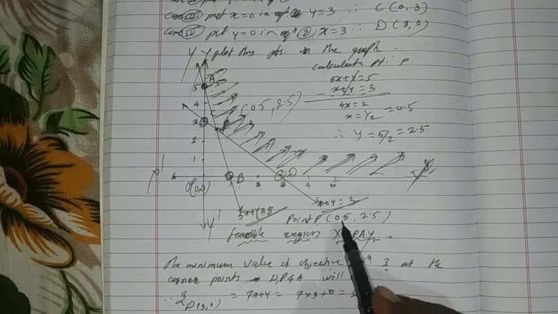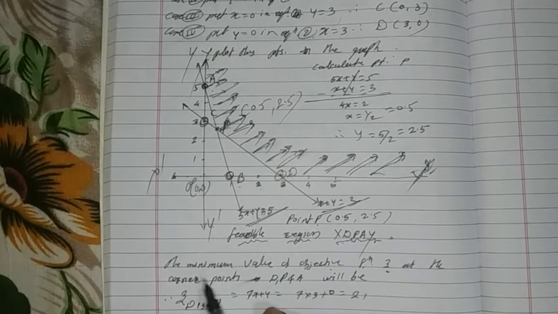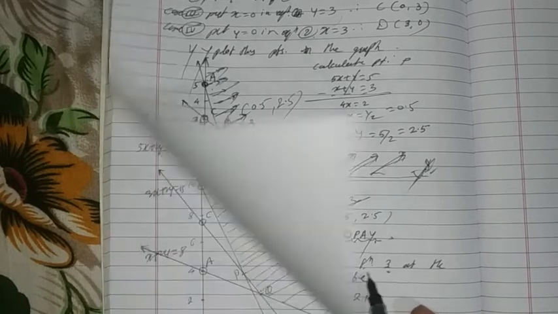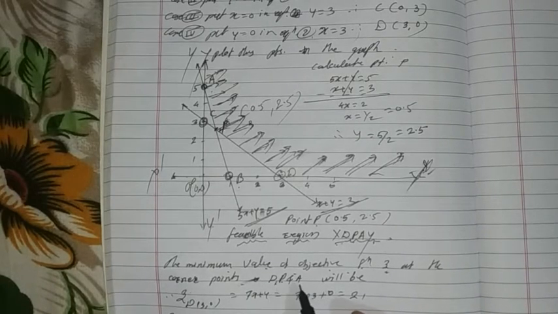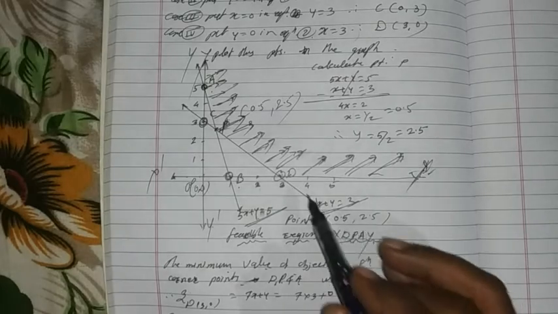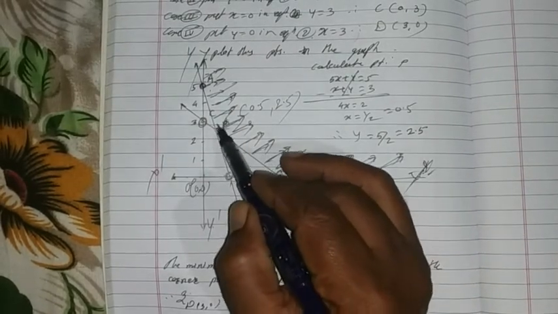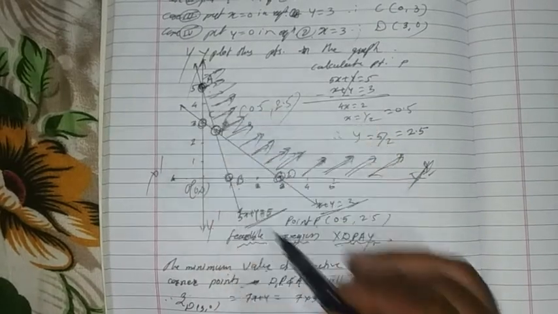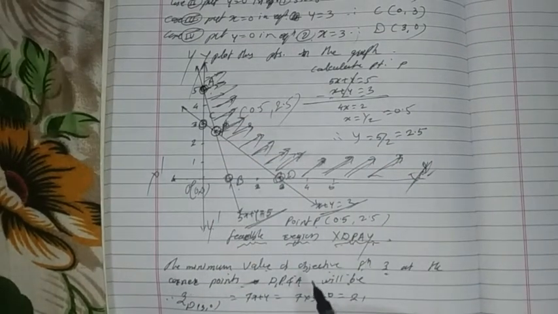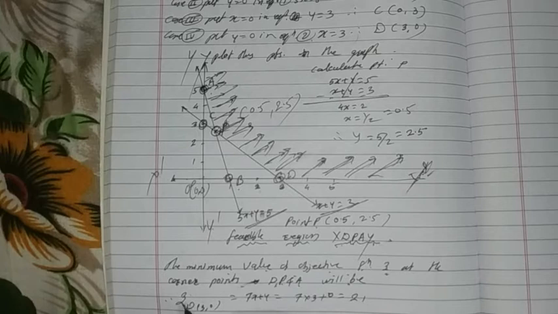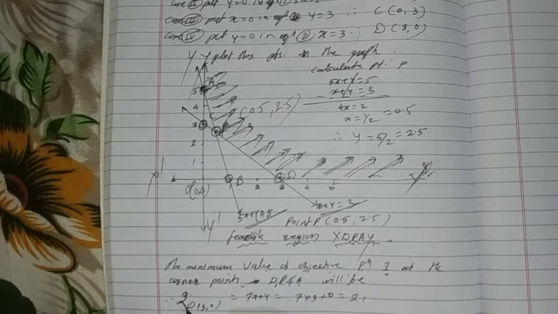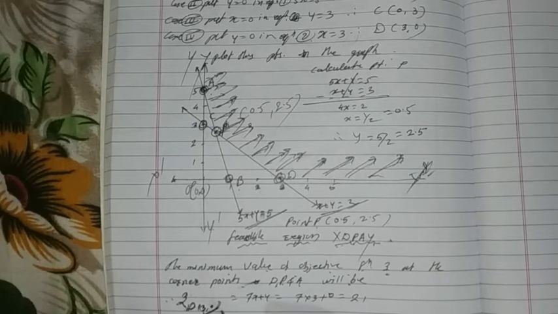Then point P is found, 0.5 and 2.5. Then the minimum value of objective function z at the corner points D, P, A will be at the corner point, this D, this P and this A. At these 3 corner points we have to find the value of the objective function. Therefore, first point D: objective function z at point D is 3, 0. That means x value is 3 and y is 0.